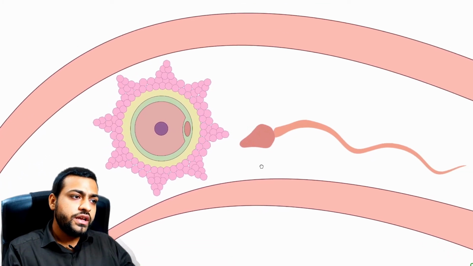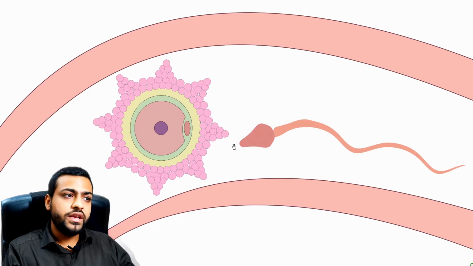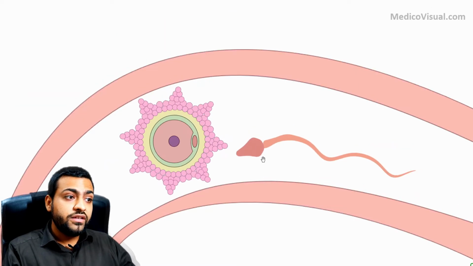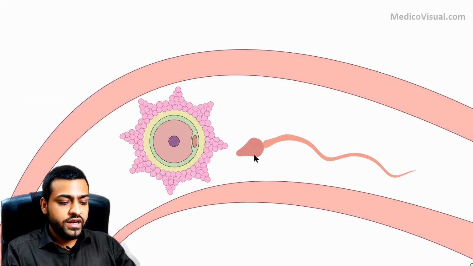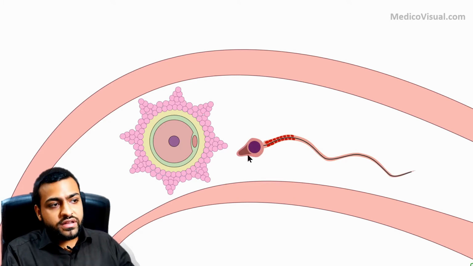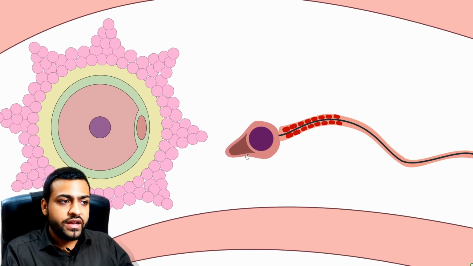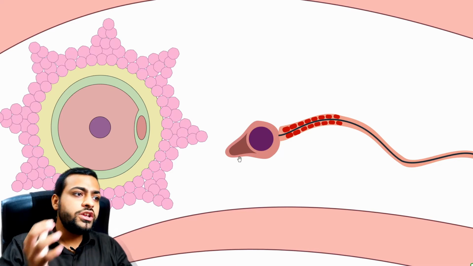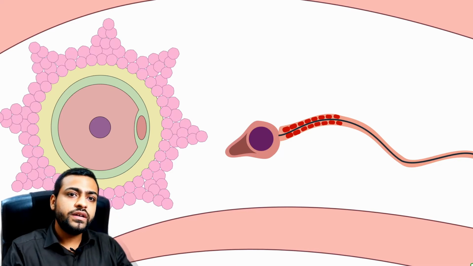Now how can it penetrate these layers? Fortunately, it is provided with a special sac at the tip of the sperm or spermatozoa, and this sac contains a lot of proteolytic enzymes, right?